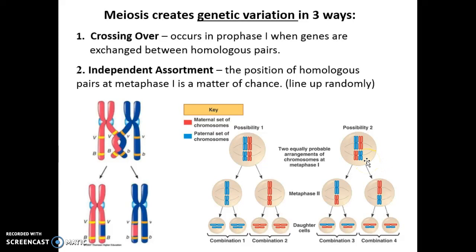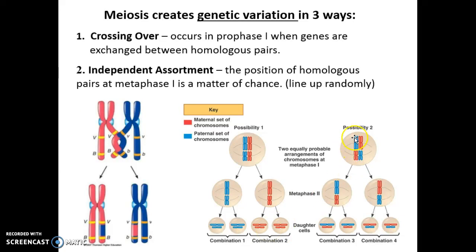So whichever homologous chromosome you get is a matter of chance, just based on how they line up. In this case, one possibility is that both of the chromosomes from dad are on one side and both the chromosomes from mom are on the other side. So when they separate, the gametes can either have the majority of their genes coming from dad or the majority of the genes coming from mom.